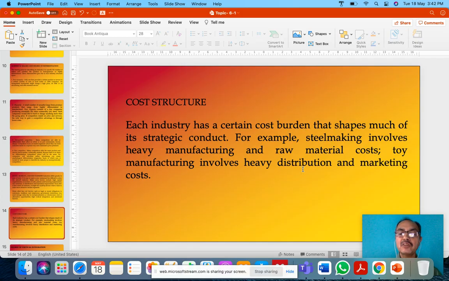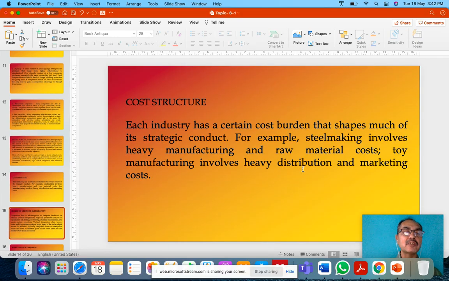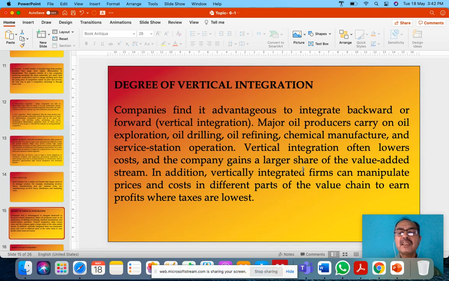Based on that also we can understand the industry. The degree of vertical integration means the more control you have over the business processes. Take a current example: Indian pharmaceutical companies are dependent on Chinese companies for raw material, so they are dependent on China.